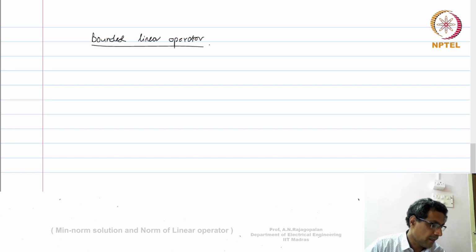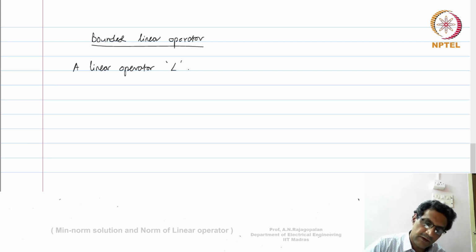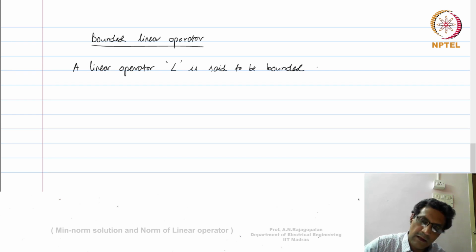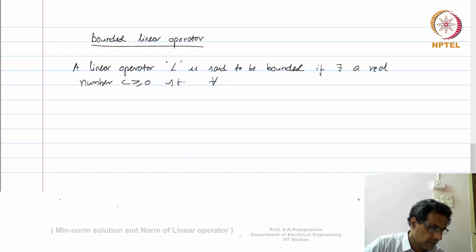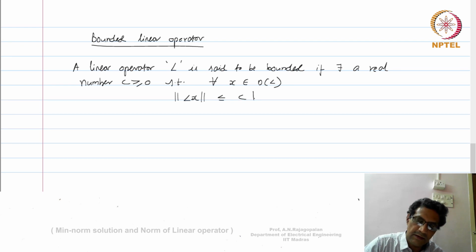A linear operator L is said to be bounded if there exists a real number C greater than or equal to 0 such that for all x belonging to the domain of L, norm Lx is less than or equal to C times norm x.